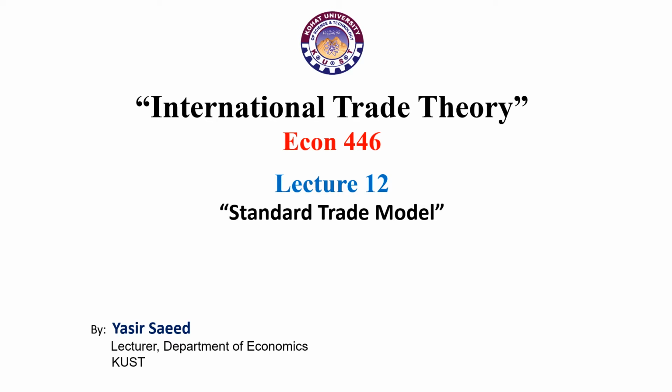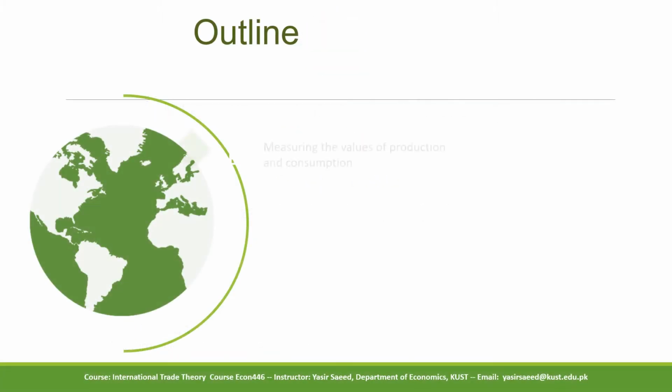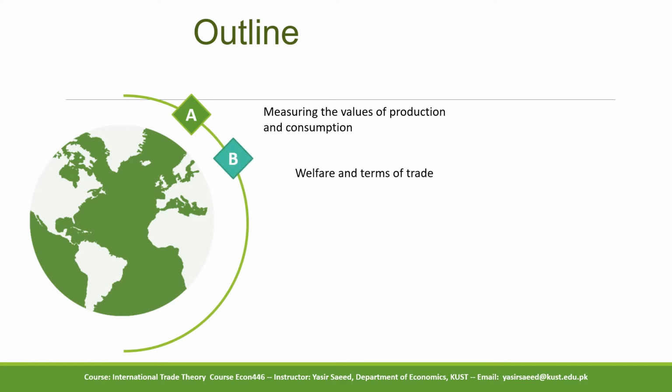We are here with lecture number 12 and we will study the standard trade model, which is our next, newer chapter in the series of International Trade Theory. Now, in this lecture, we are going to study how to measure the values of production and how to measure the value of consumption.